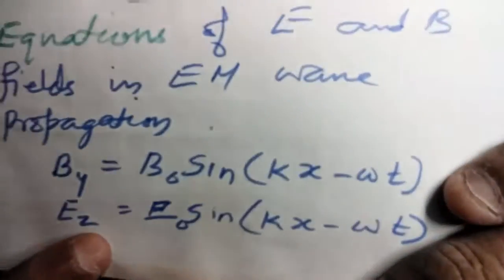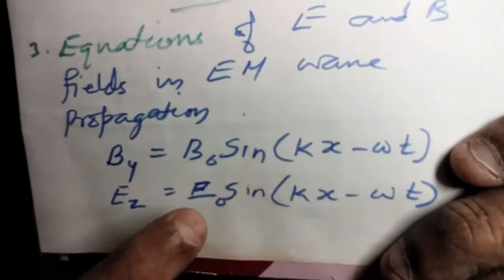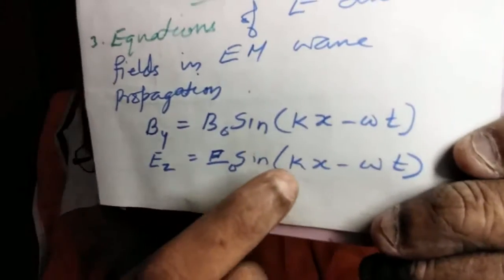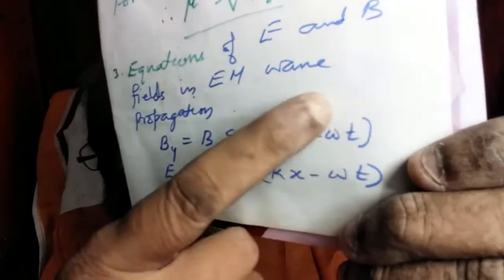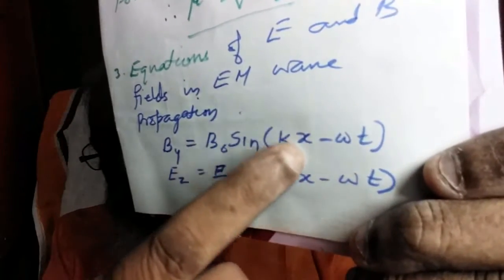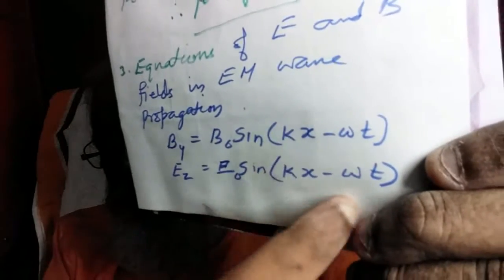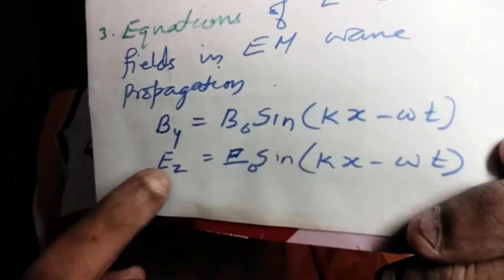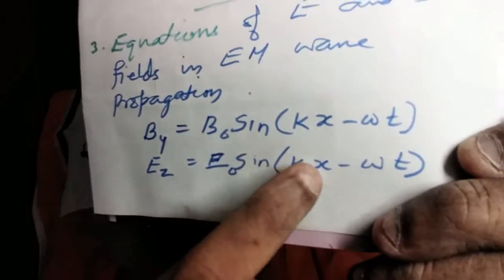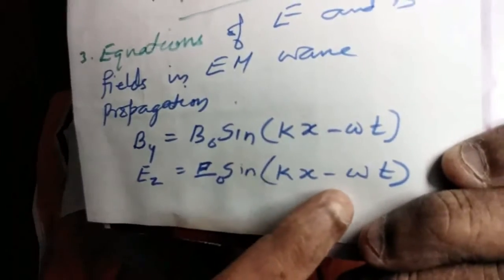So we write it as Ez equals E0 sine kx minus omega t. This is the phase of vibrations of magnetic field, and this is phase of vibrations of electric field. See that both electric field and magnetic field vibrate in the same phase.